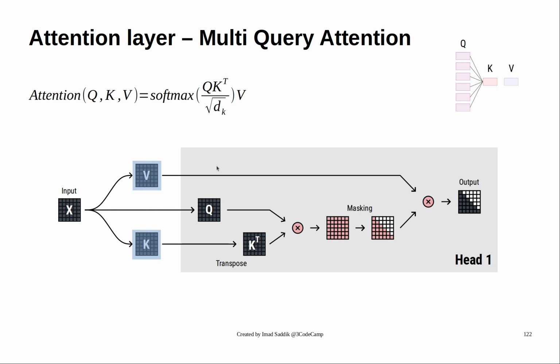This is the only difference between MQA and MHA. You can see that the rest is the same. We perform the multiplication, so we compute this term inside the softmax function. We get this matrix, we apply masking, and after that we multiply it by V to get the attention weights. And this calculation is performed similarly on the other heads.